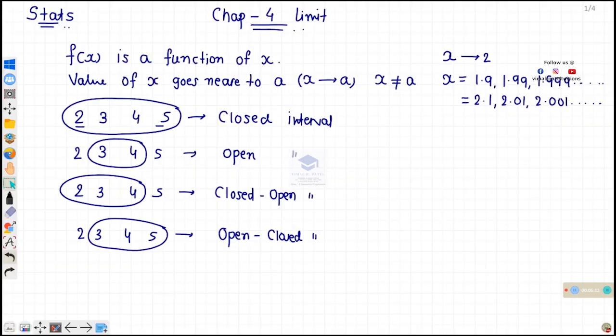See, these are denoted by two big brackets, small bracket, big and small, small and big. Clear?